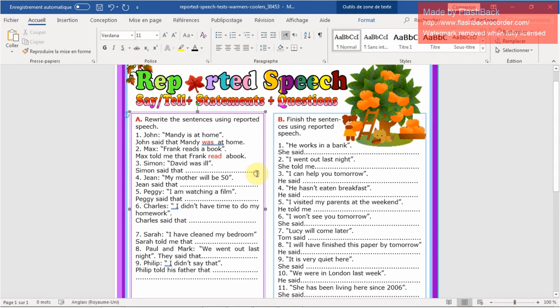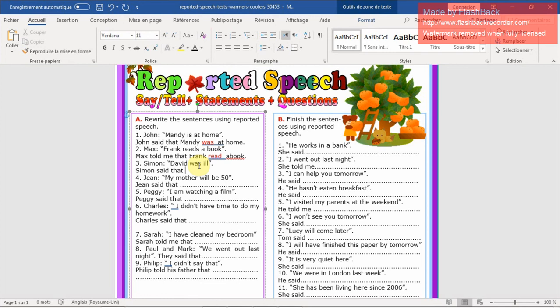Now number 3. David was ill. We have the verb to be in simple past, and simple past turns into past perfect. The form of past perfect is had plus the past participle of the verb. So what is the past participle of the verb to be?